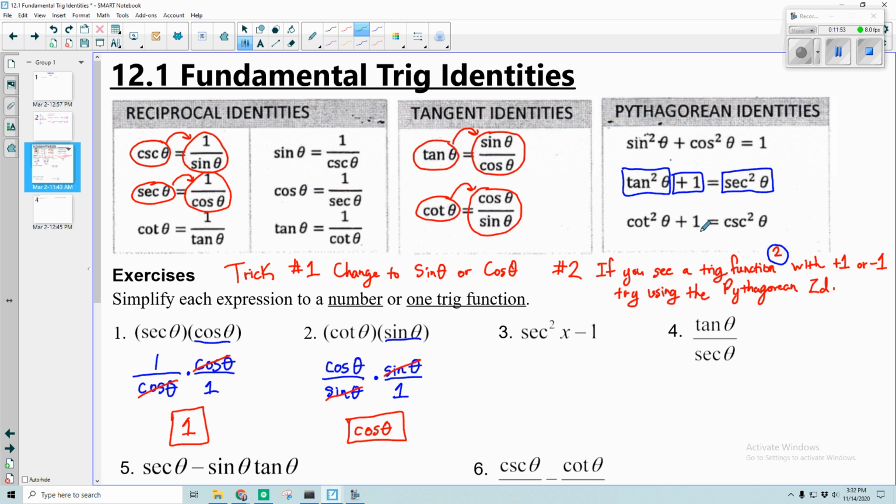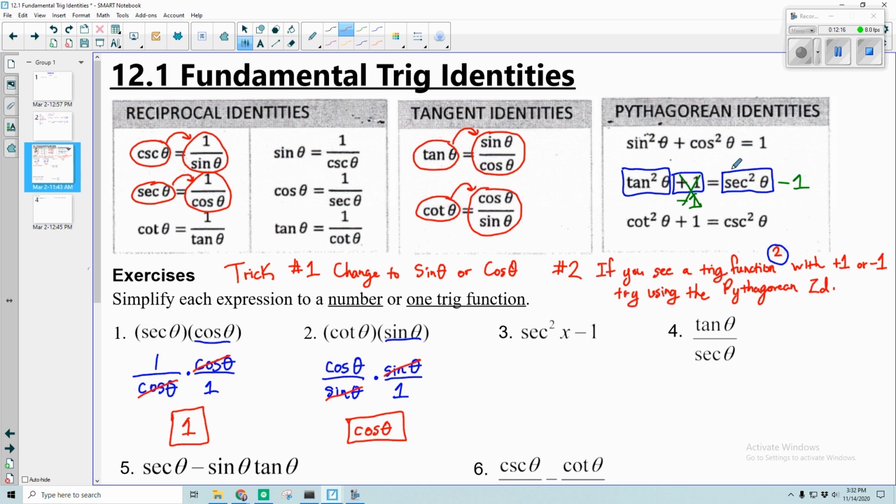So here's my secant squared, just like I have here. If I were to have minus 1 right here, okay, so if I were to subtract 1 from the right-hand side, and when I do something to the right side of an equation, I have to do the same thing to the left side. So if I subtract 1 from both sides, well, that's going to get this 1 to cancel out.